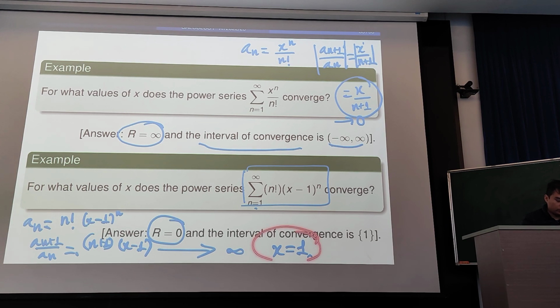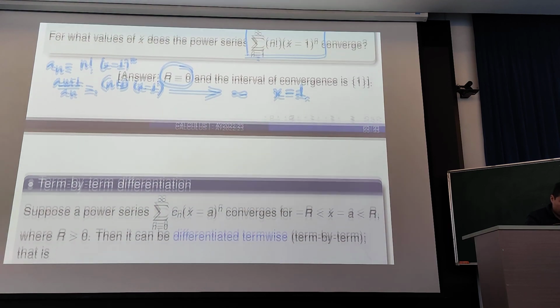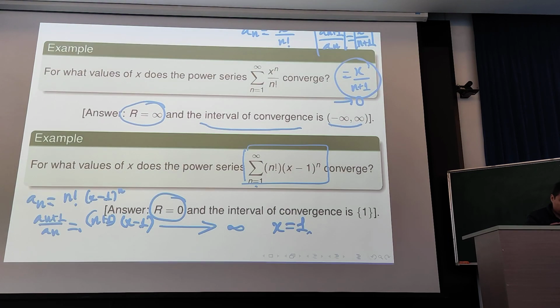So the interval of convergence is only one point, x equal to 1. These are examples of how to evaluate the radius of convergence and the interval of convergence.